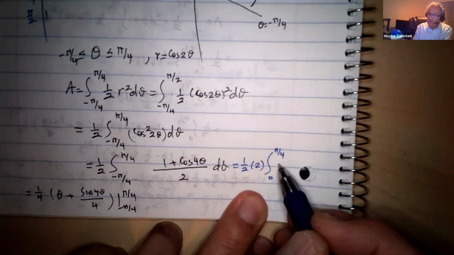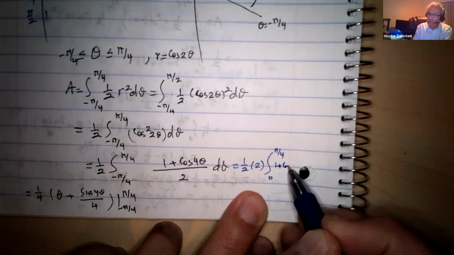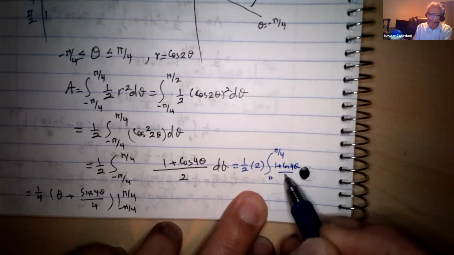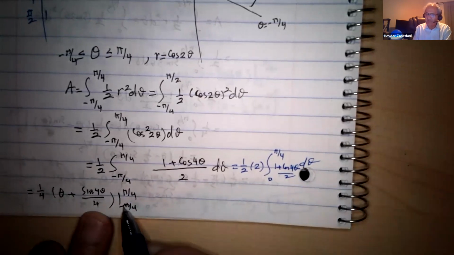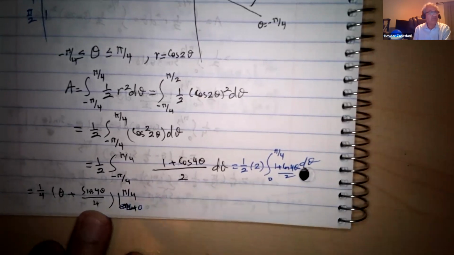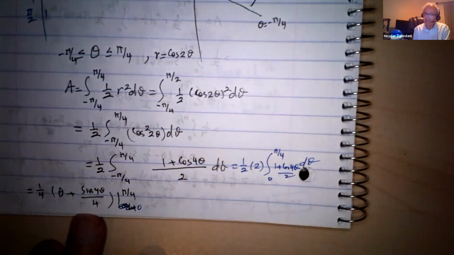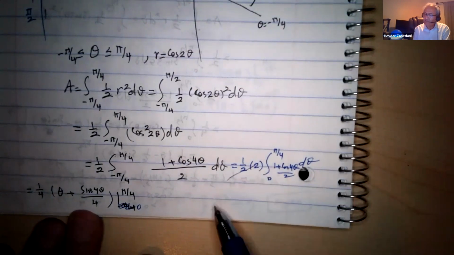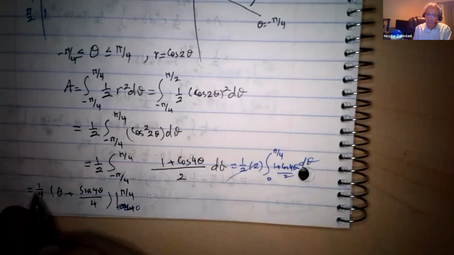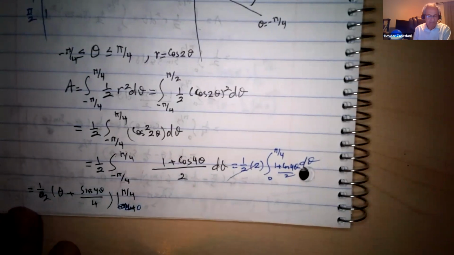Okay, and this is going to be 1 plus cosine of 4 theta over 2, d theta. Otherwise, you get 0 because the top and the bottom would cancel out each other. So you get a 1/2 only.